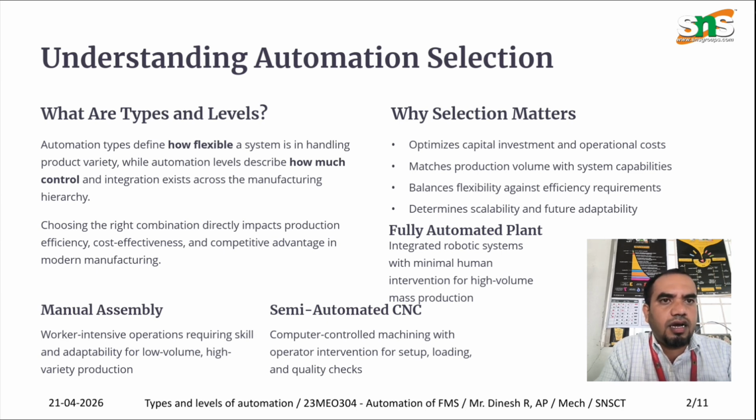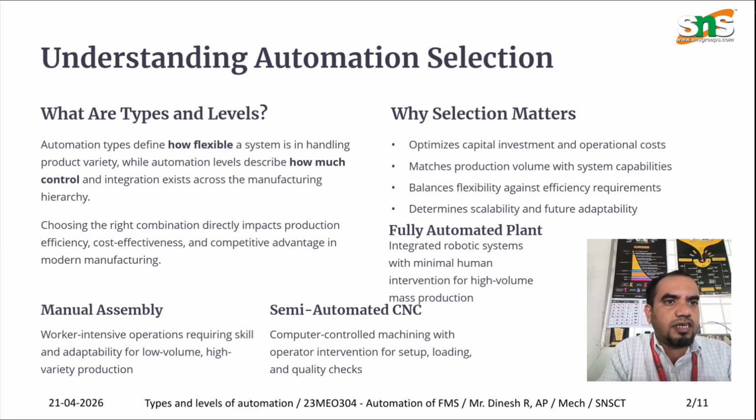And then, why selection matters. This is a very important thing we have to understand. First, optimize capital investment and operational cost. Whatever the manufacturing system is, the main objective is to reduce the operational cost and also to optimize the capital investment.